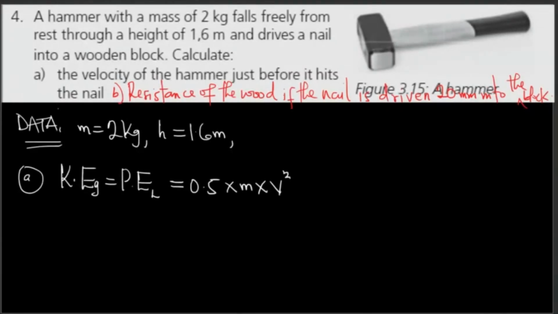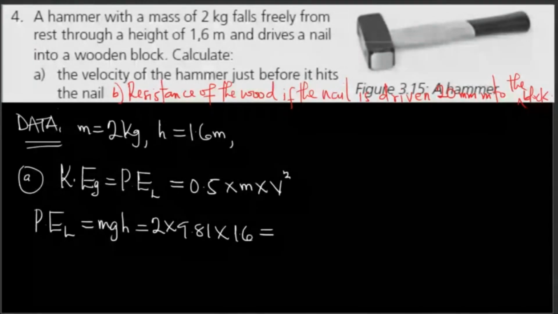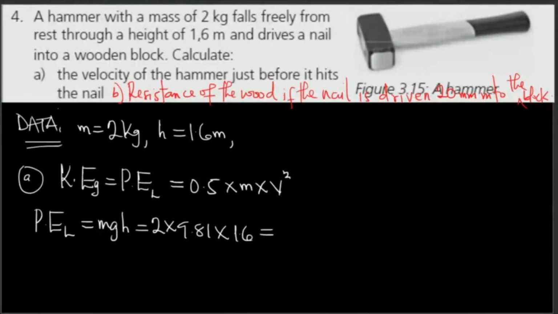Loss in potential energy is mgh: our mass is 2 kg multiplied by 9.81. It falls a height of what? 1.6. Can someone give me the value of the loss in potential energy here? 31.39 joules.